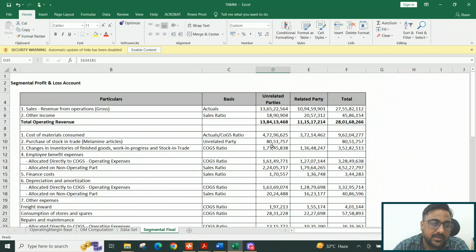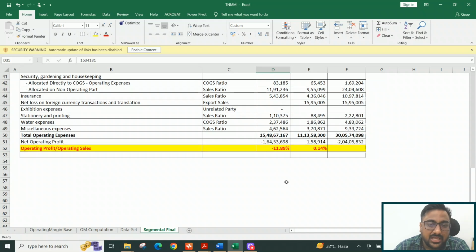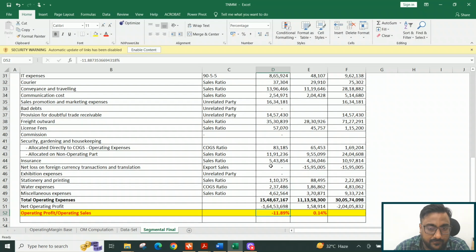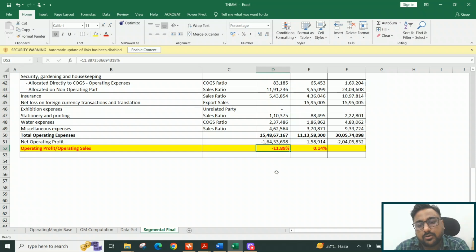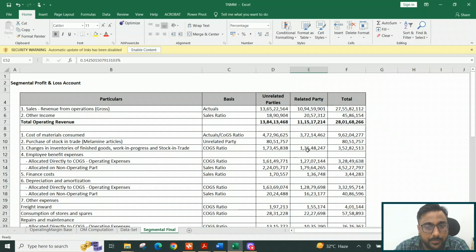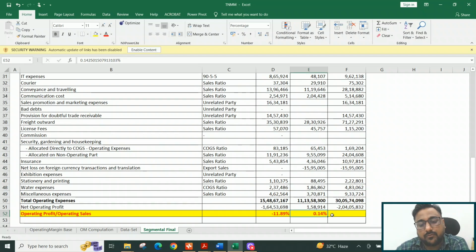And what we will do is, after the segmental profit and loss, we will compare the profitability. Now, suppose the operating profit by operating sales from the sales made to unrelated parties, the segmental margin works out to minus 11.89%, while in case of sales made to the related party, that works out to around 0.14%.